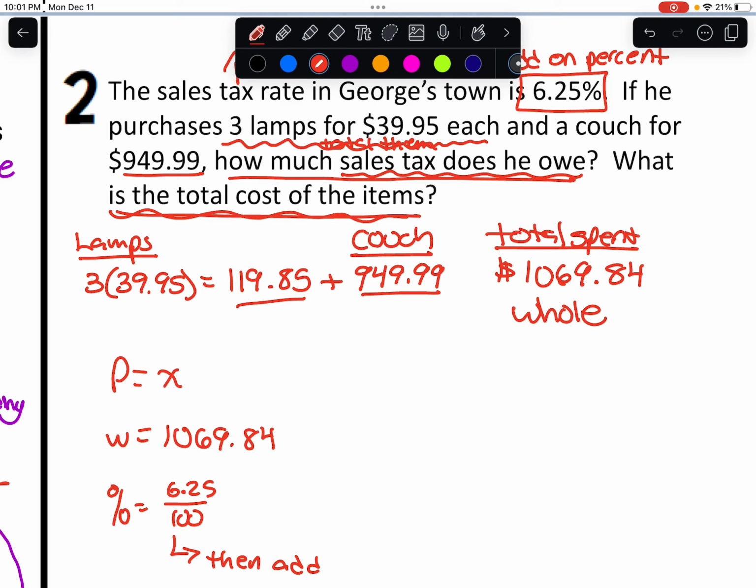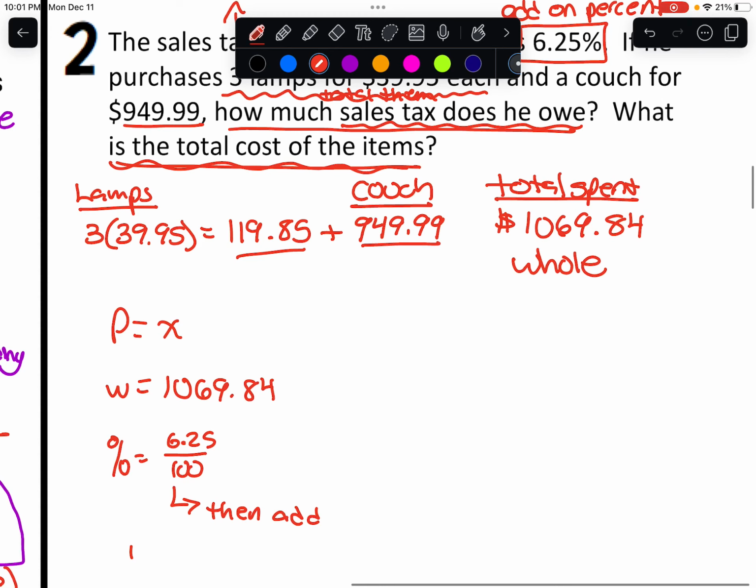But if you were working smarter, not harder, you would do 100% plus the 6.25% to give you a grand total of 106.25%. Now you can always do that, but because this one has scaffolded questions, you're going to have to add or subtract at some point. So let's do the working harder way just for this one.